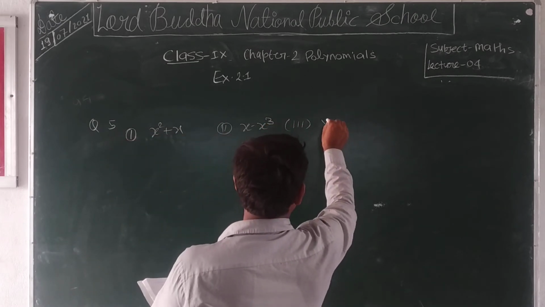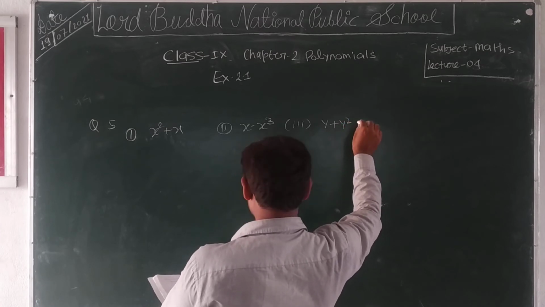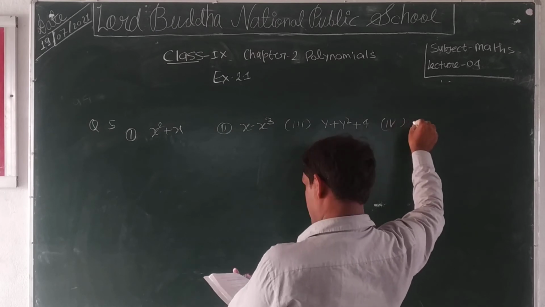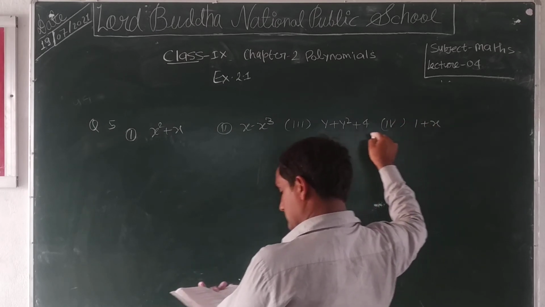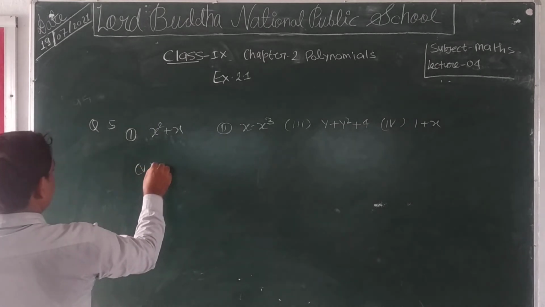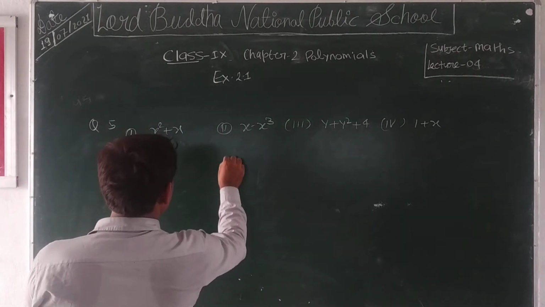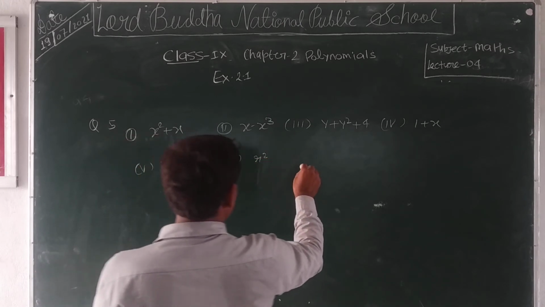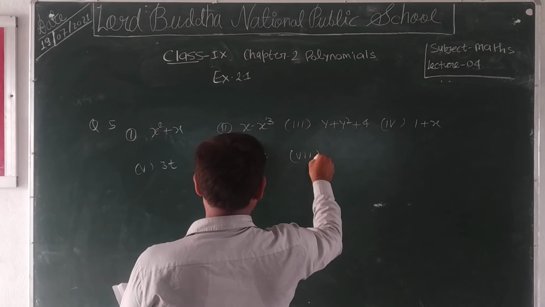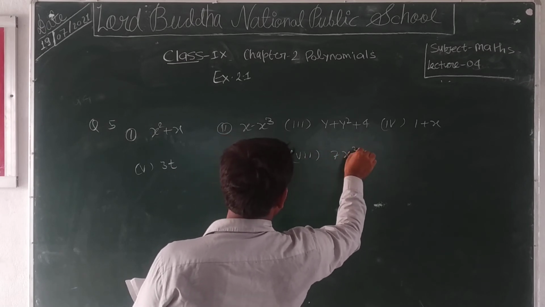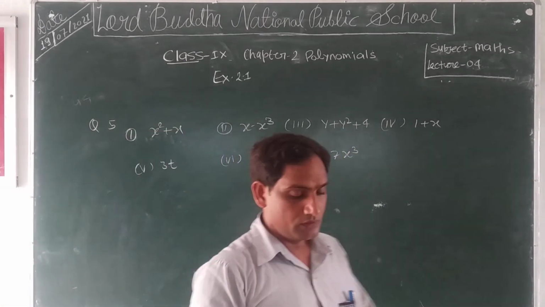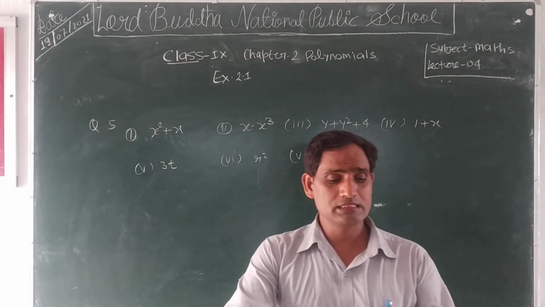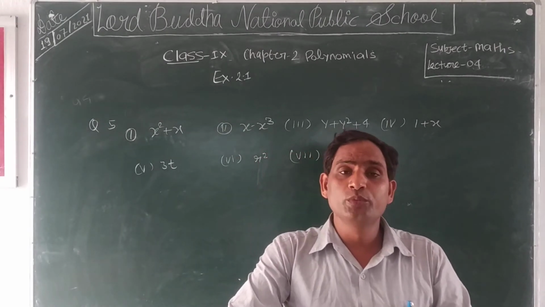Third part y plus y square plus 4. Fourth part 1 plus x. Fifth part 3t. Sixth part r square, and seventh part is 7x cube. Okay? We have to classify the given polynomials as linear, quadratic and cubic polynomials.